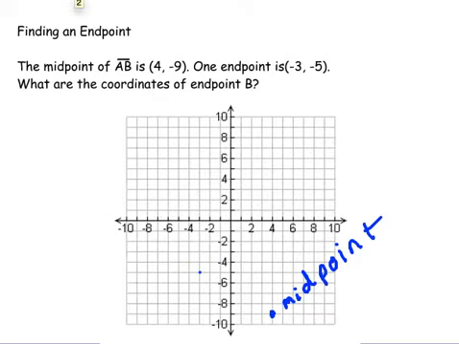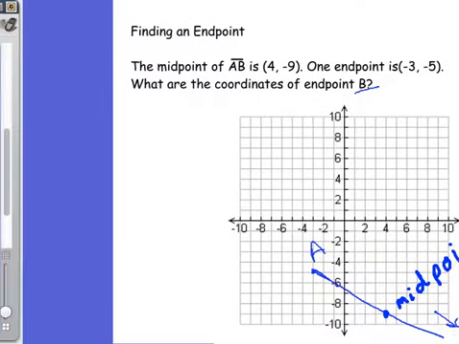And then it's saying that one endpoint is -3, -5. So if we're asking for B, this must be A. So there is a line, and B must be somewhere down there that we don't even know, and we have to find it. We don't know what B is. So that is what the question is asking, and I think that's important to know before we even get started.